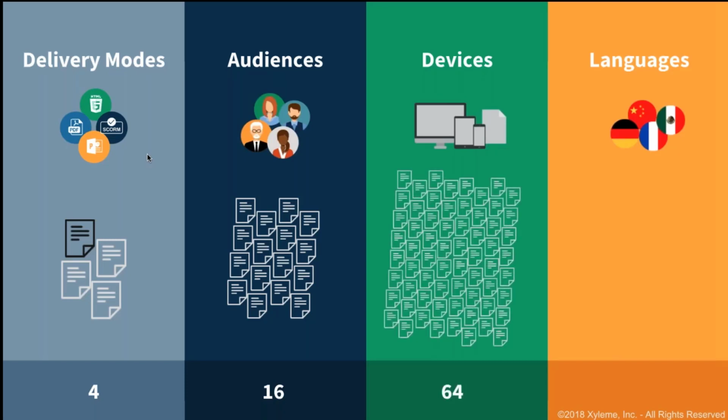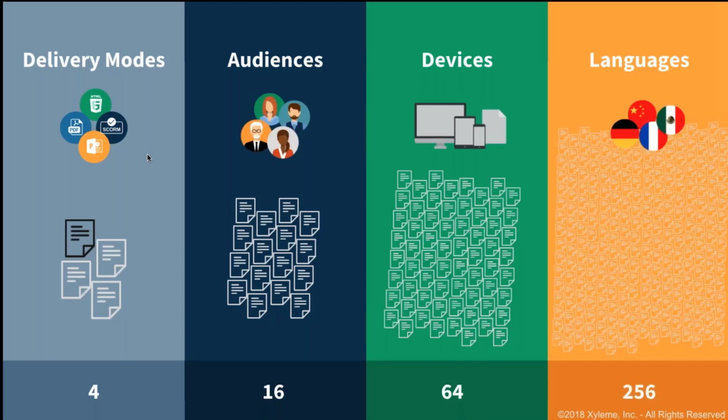And then we look at file save as, or opening up our desktop authoring tools and taking a look at the content that may have been optimized for a printed piece of paper, but we want it on desktop, we want it on mobile, we want it on tablets, and oftentimes we have to go in and reformat it so it's going to look right and still be a great experience for them. And if you have multiple languages you have to support, once again, we're taking all that content, all those different derivatives, and having to create all the different languages.